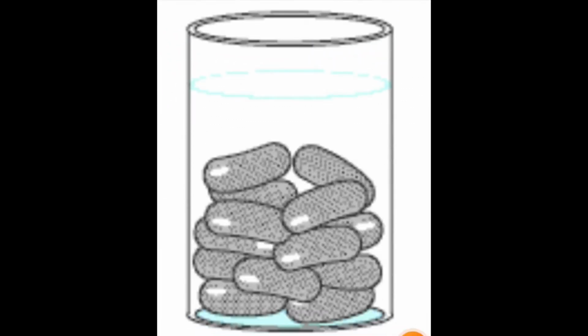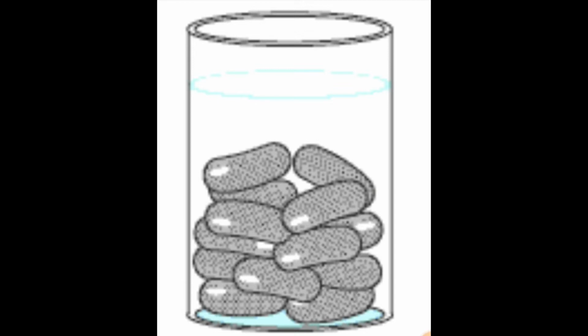Friends, in the figure you can observe that there is a cylindrical container in which a few gulab jamuns are kept. As given in the question, each gulab jamun contains sugar syrup up to 30% of its volume.